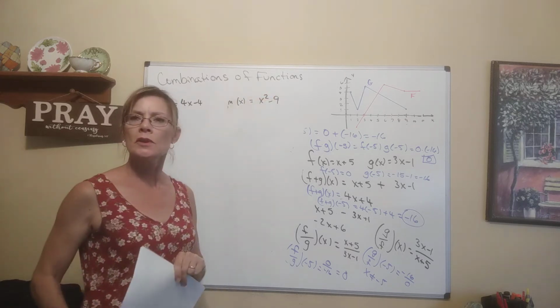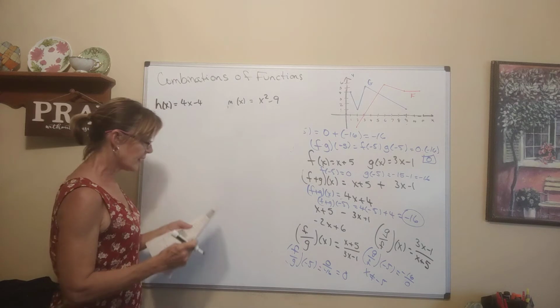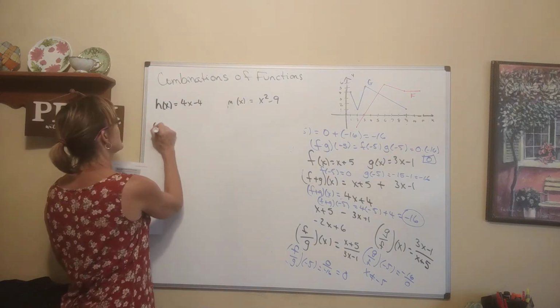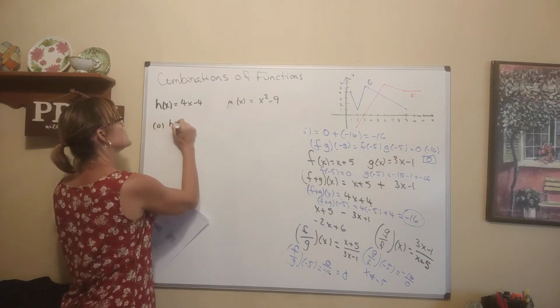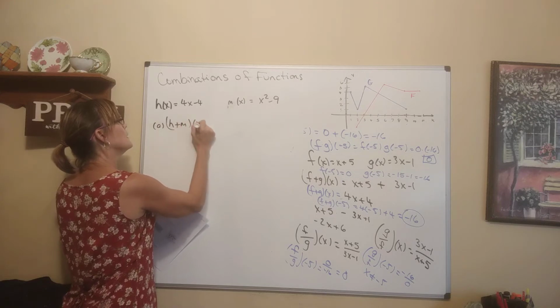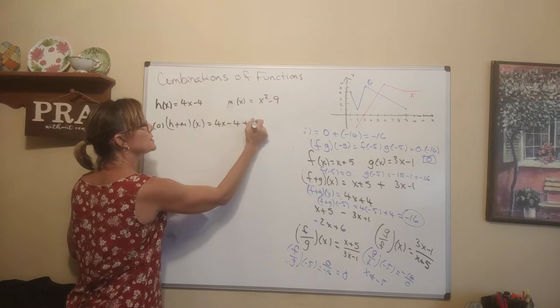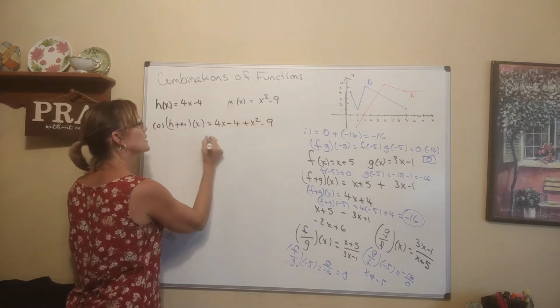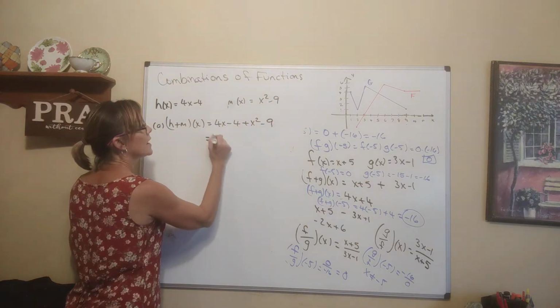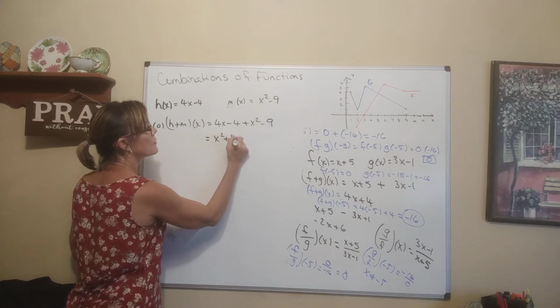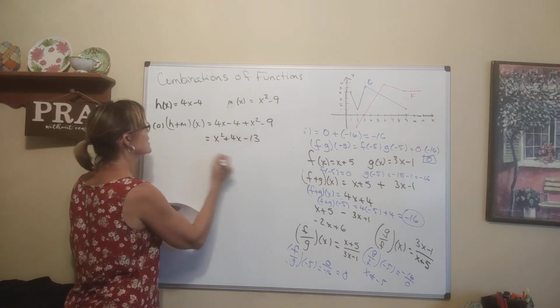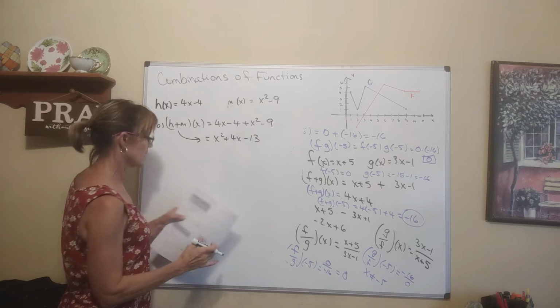Okay, we're going to do the same sort of thing. Let's find h plus m. Part A, h plus m. h plus m of x is going to be 4x minus 4 plus x squared minus 9. We will collect like terms. We'll get x squared plus 4x minus 13. That's what h plus m of x is equal to.